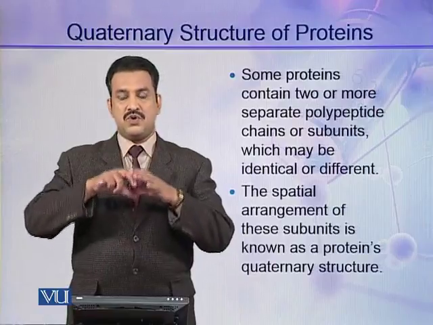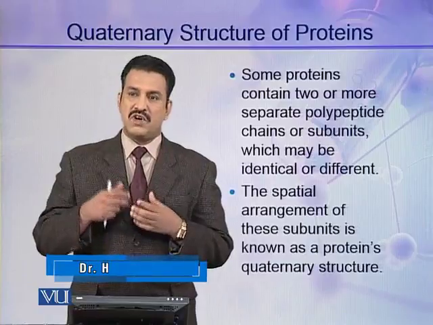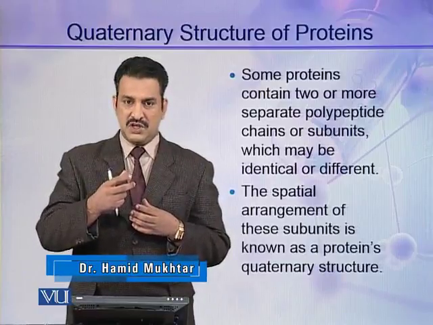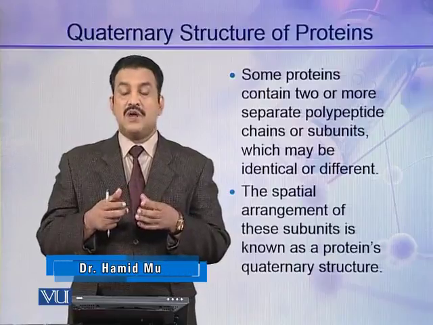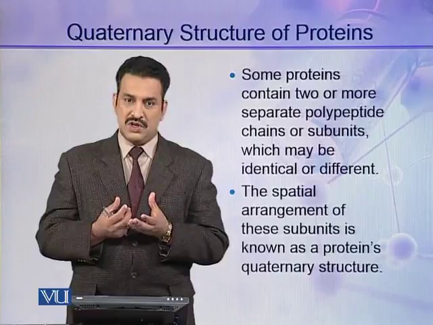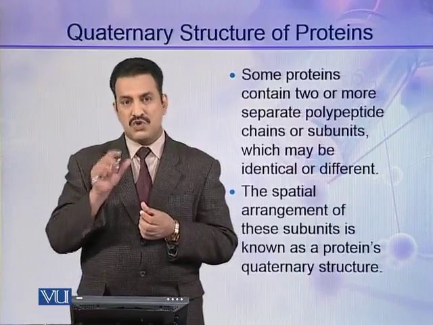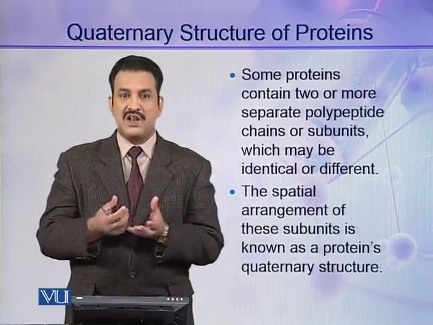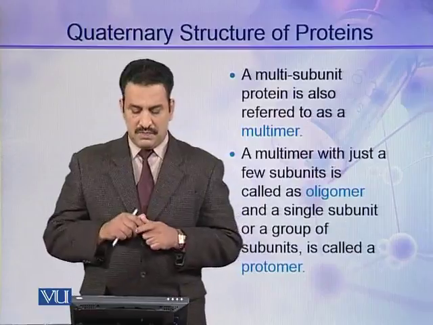So, in a protein molecule, there may be more than one polypeptide chain associated with each other, and apparently they make a single protein molecule. So the spatial arrangement of these subunits in that overall molecule is called the quaternary structure.